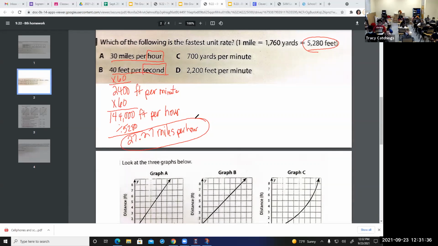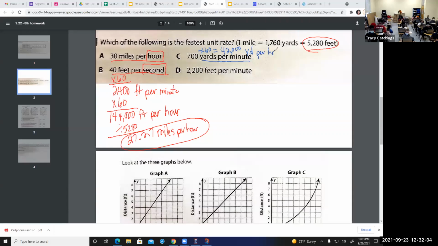All right, let's look at C. We got 700 yards per minute. What do we need to do first? 2 hours. So how many minutes equal an hour? Take that and multiply by 60. 42,000 yards per what?